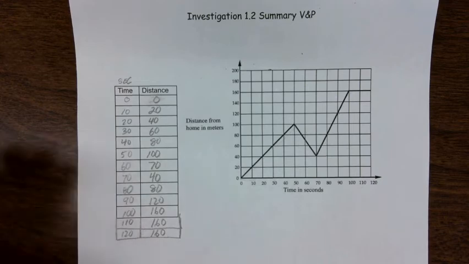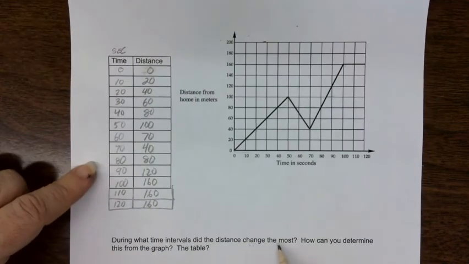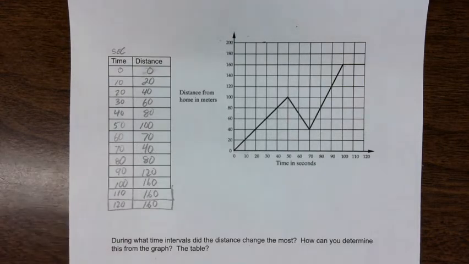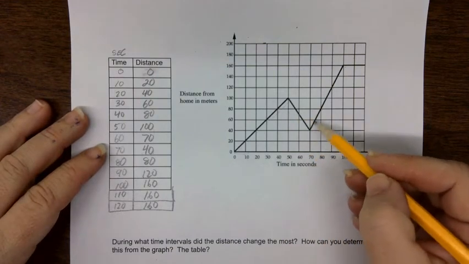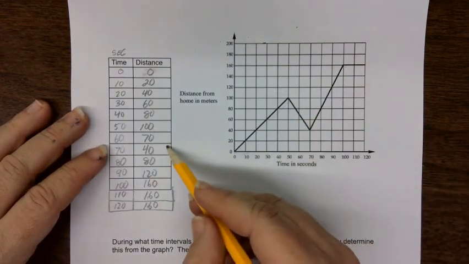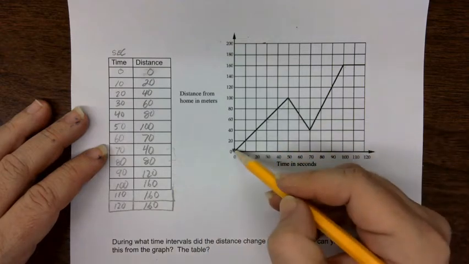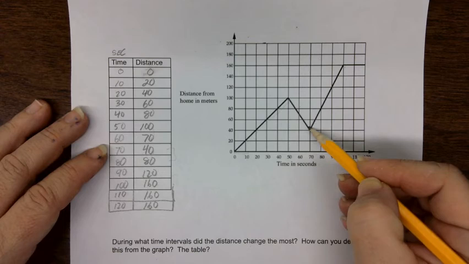So now the question is, as we're analyzing, during what time interval did the distance change the most? How can you determine that from the graph? And how can you determine it from the table? Well, between 70 and 80, I started going up by 40. And then I continued that with 40. Where here, I was going up by 20s, and here, I was going down by 30.